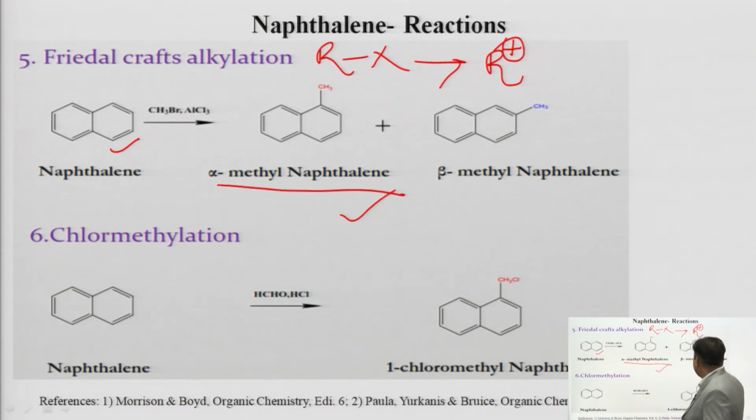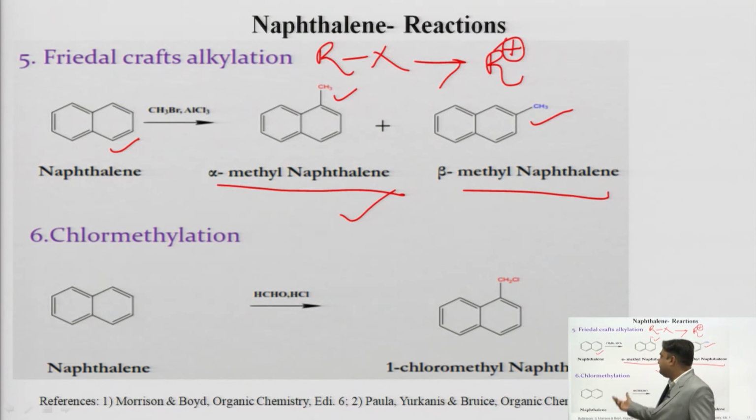Depending on the reaction conditions, two products are formed: alpha methyl naphthalene, meaning substitution occurs at the first position, and beta methyl naphthalene, meaning substitution occurs at the beta carbon or second carbon. Then the next reaction is chloromethylation.